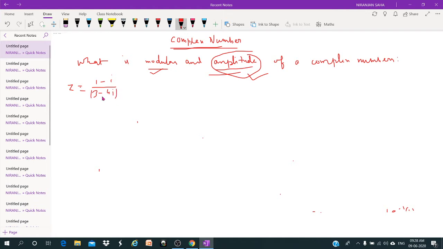Just the imaginary part is negative, so we have to take positive, and we will multiply with this. So 1 minus iota times 3 plus 4 iota over 3 minus 4 iota times 3 plus 4 iota.